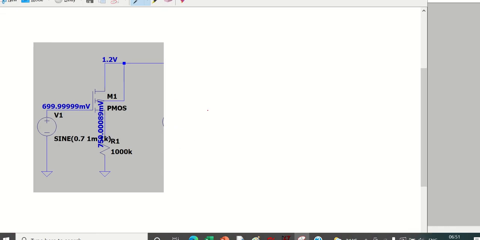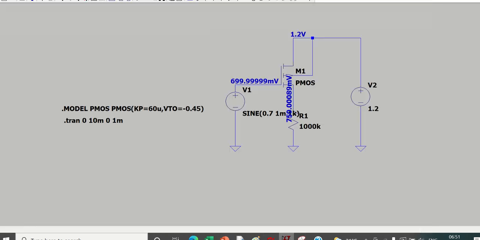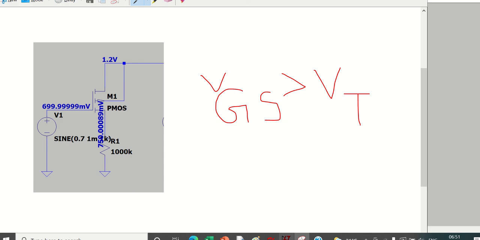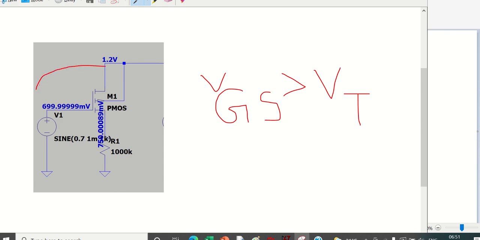Now VGS, the same formulas: VGS should be greater than mod VT. What was our Vt here? Let us see, 0.45. Just check whether this voltage is greater than 0.45. 1200 minus 700, so 500. So we are greater. The first condition is met.